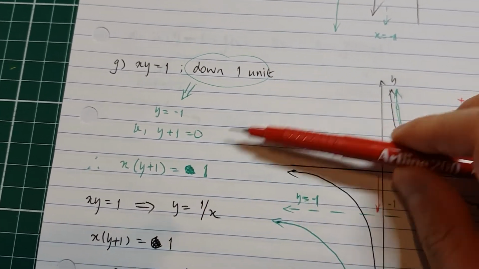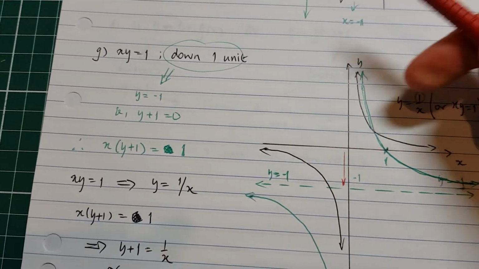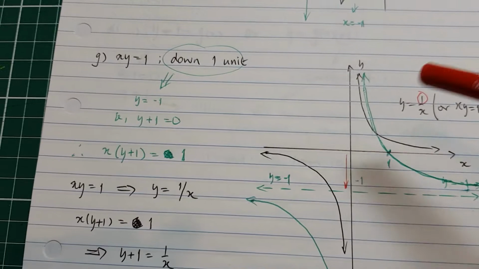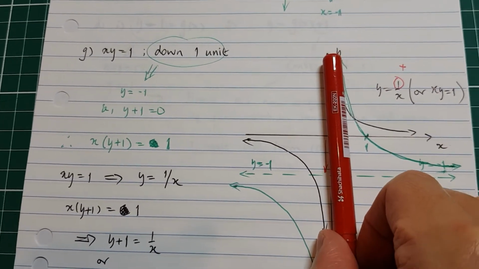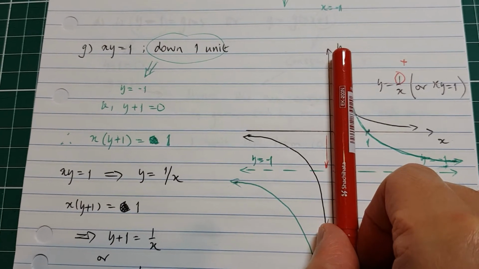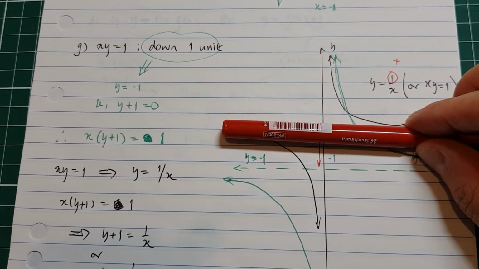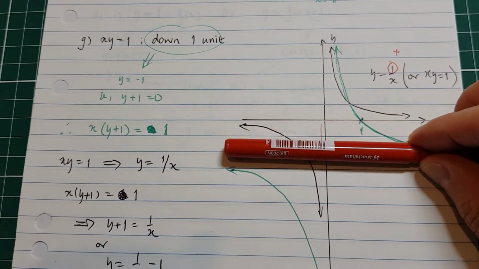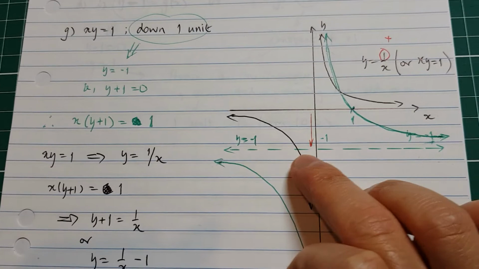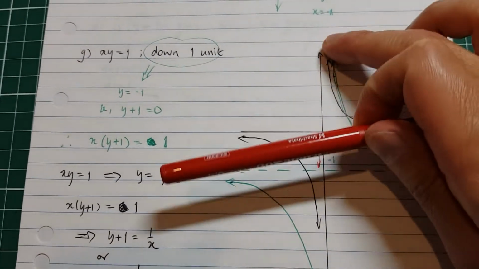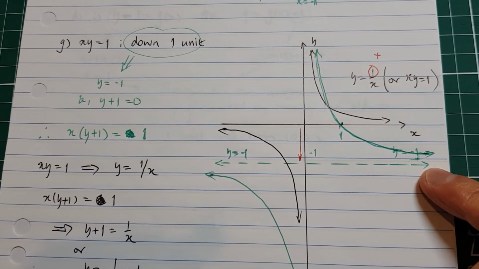To sketch the new one, it'll be pushing it down by 1 unit. You notice the y-axis is staying the same, but the x-axis gets pushed down by 1 unit. So you get y equals -1 as one of the asymptotes. So the y-axis and y equals -1 are the new asymptotes.